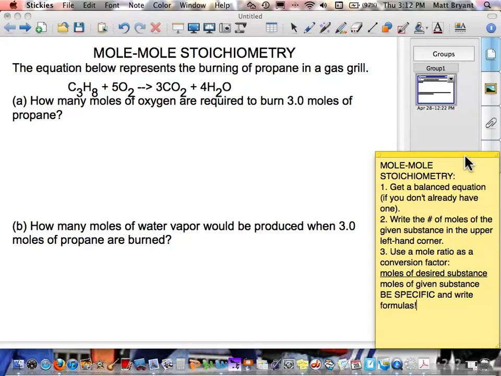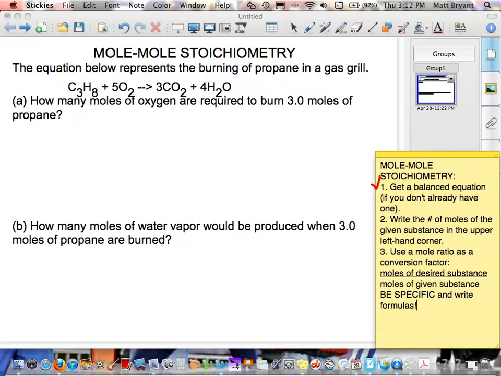So, step one is always, in this case, to get a balanced equation. We're going to check that off because we've already done that. Now, anytime you're starting a mole-mole stoichiometry problem, and you're given a number of moles, like we are here, we need to write the number of moles of the given substance in the upper left-hand corner.